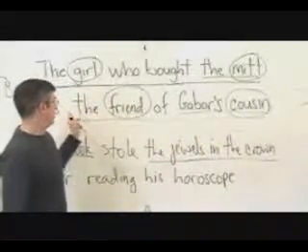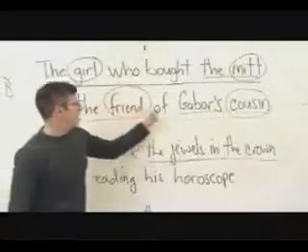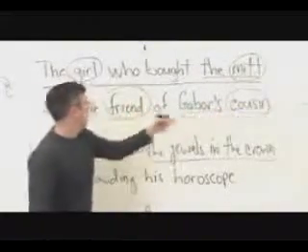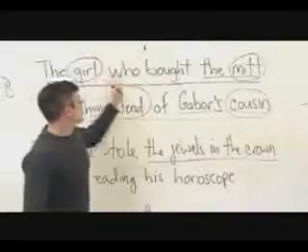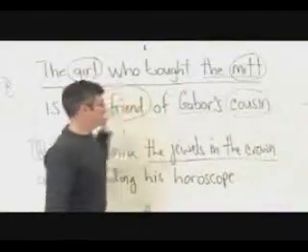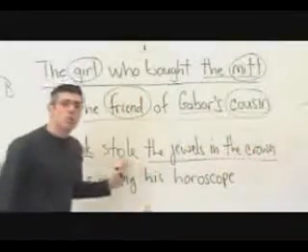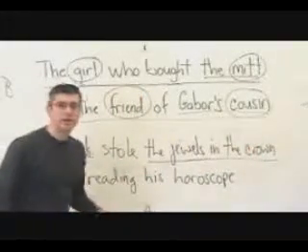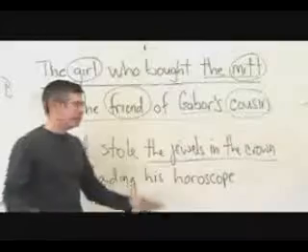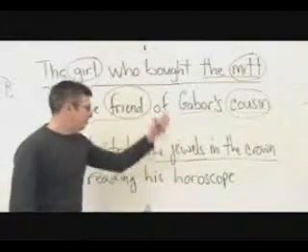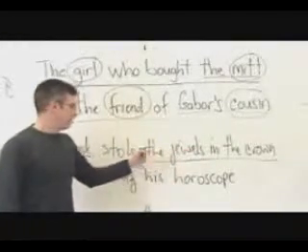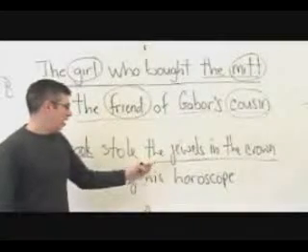Now look at this. The friend, which friend? Of Gabor's cousin. So we go on. The girl who bought what? The mitt. Again, so we go on. But the jewels in the crown, which crown? The crown after reading his horoscope? No. There's a break there. That's the end of the nominal phrase.